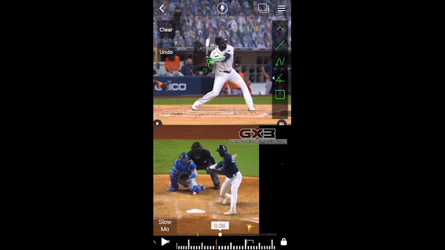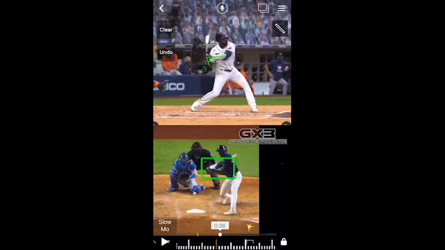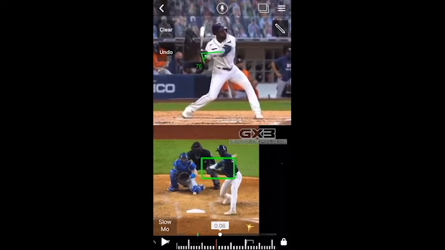And then you can't measure this angle too well from here because it's a weird camera angle, but you can see that they're relatively the same. They look very similar. The elbow is under the bottom hand, and there's a straight line from the barrel through the hands, and the elbow is supporting it. The bottom elbow is supporting it.